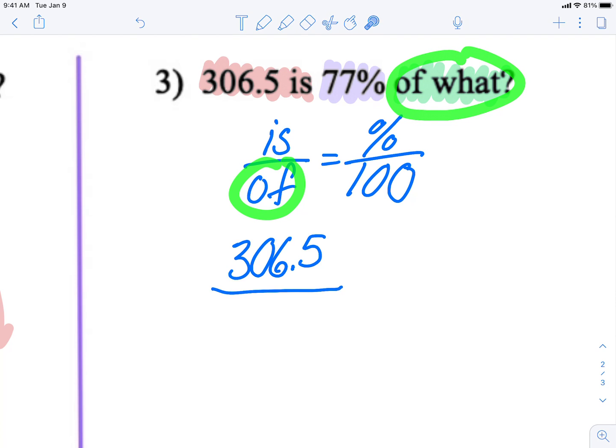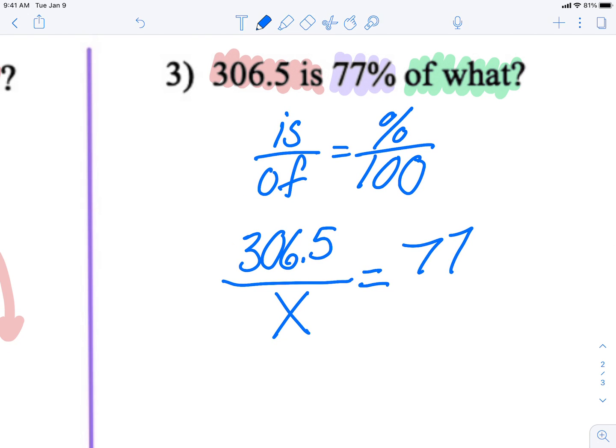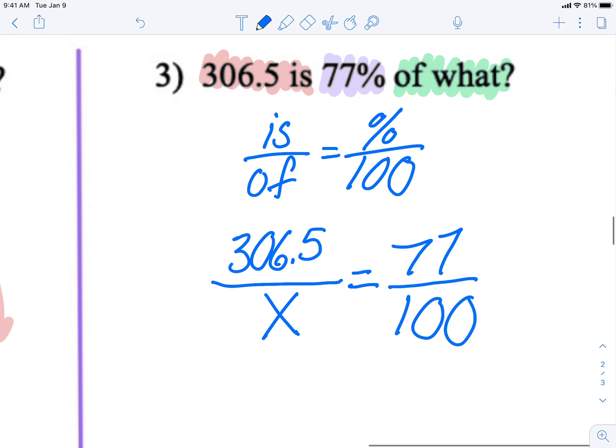Of what? I don't know. We don't know what the whole is. So that's my variable x, is equal to percent, which is 77%, and always 100. Remember? Always 100.